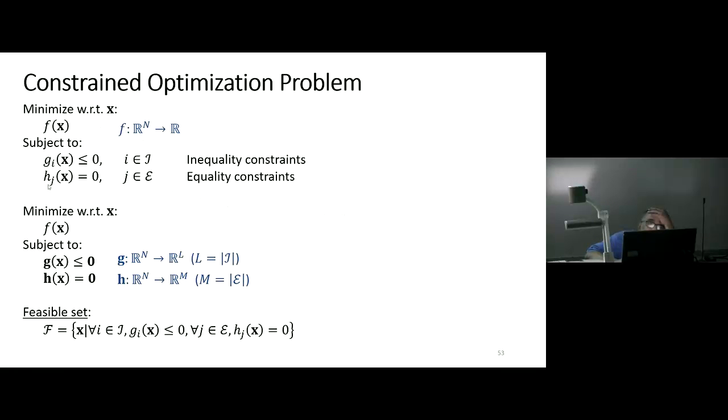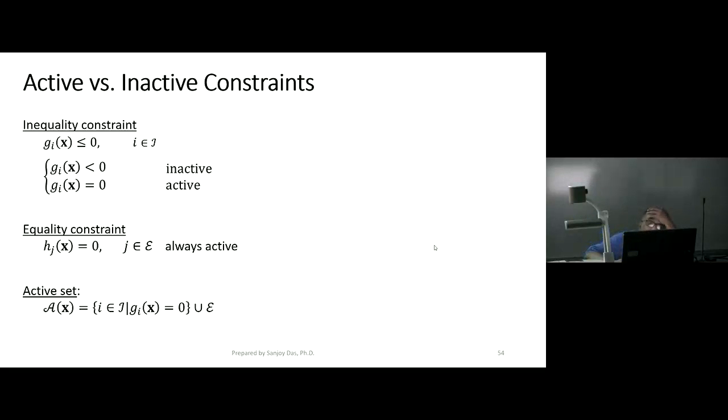So this is the objective function. These are the constraints. This is the scalar form of the constrained optimization problem. This is the vector form of the same COP, and this is the feasible region where all the constraints are satisfied. Now, active and inactive constraints. This is an inequality constraint, and we saw that it can be either strictly less than 0 or equal to 0.